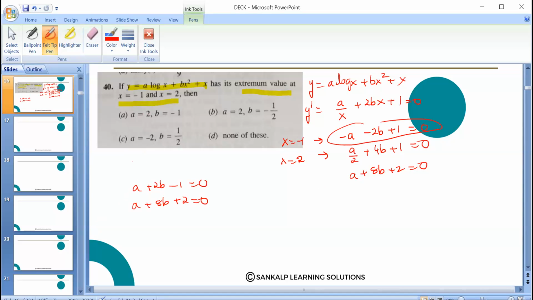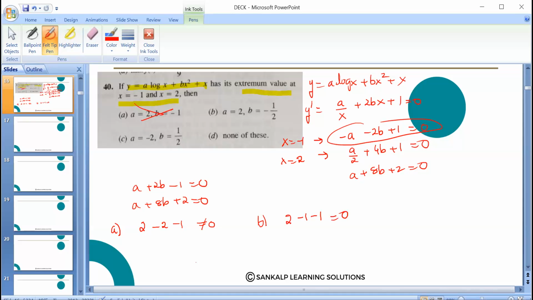You can put any of the options and check. Suppose you take the A option. A is 2, B is minus 1. Minus 2, minus 1. You are not getting 0. So option A is not correct. Option B, A is 2, B is minus 1 by 2. So minus 1, minus 1.